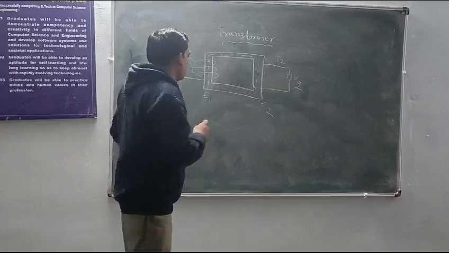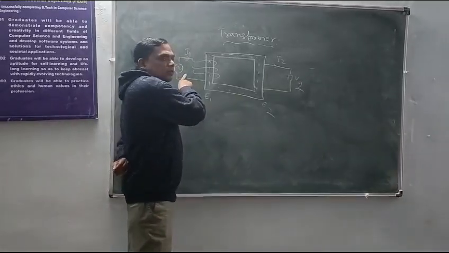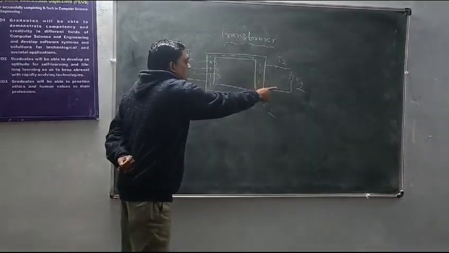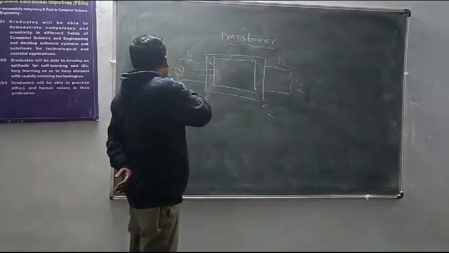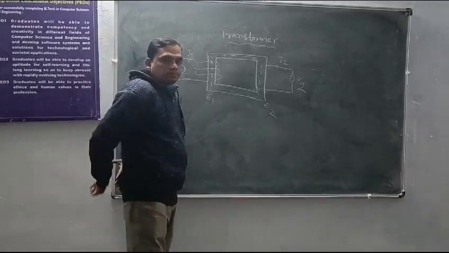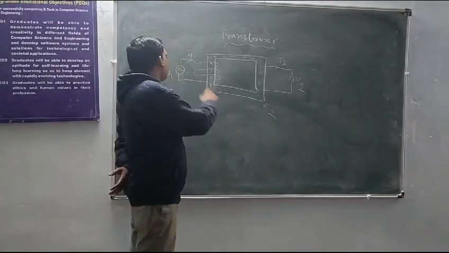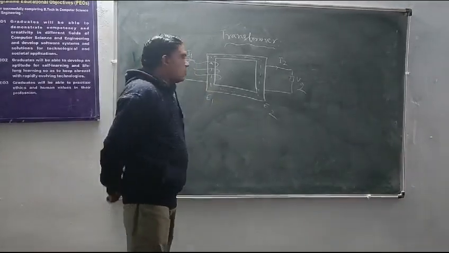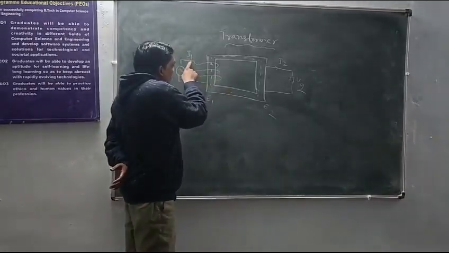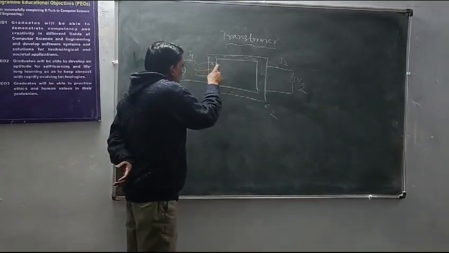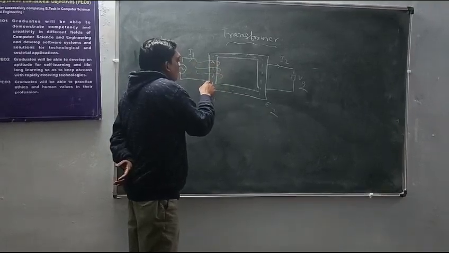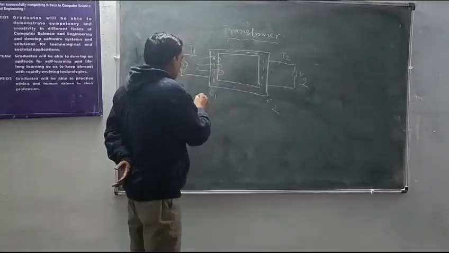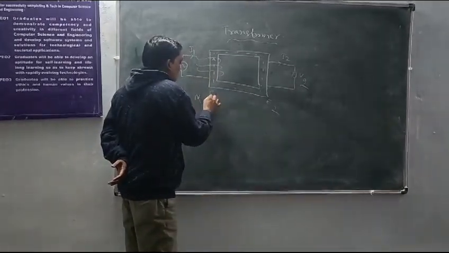Okay, now see. This is the primary side, this is the secondary side. You can say this is the source side, this is the load side. Initially we give the supply V1 at the source side. Due to this V1, there will be a current I1. When this I1 current flows through this winding, one MMF will be produced, that is N1 into I1.